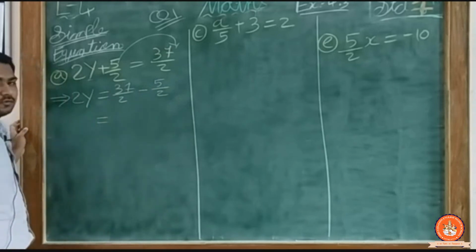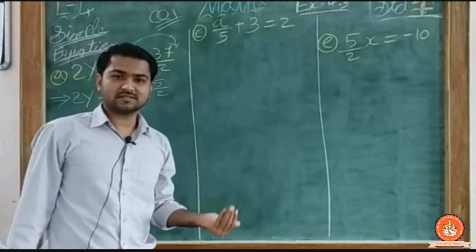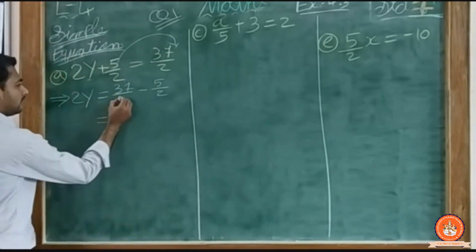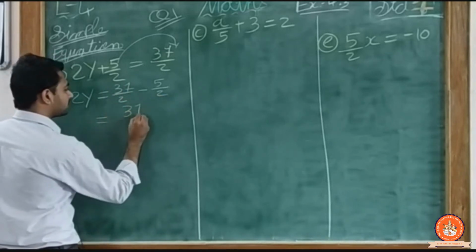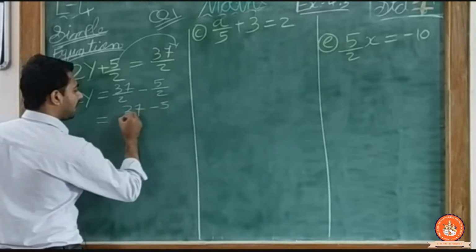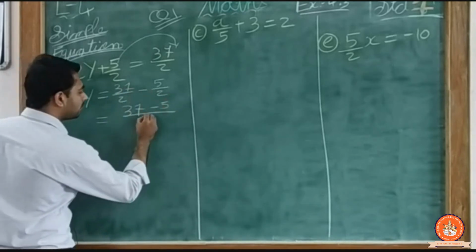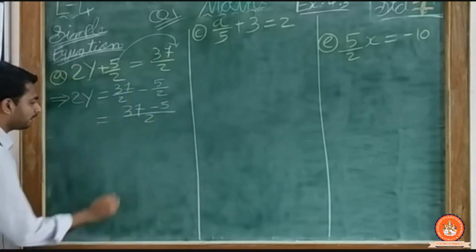Clear? Now as you already studied in your previous class, that is LCM, both the bases are same, that means it becomes 37 minus 5 and your LCM becomes 2. Clear?